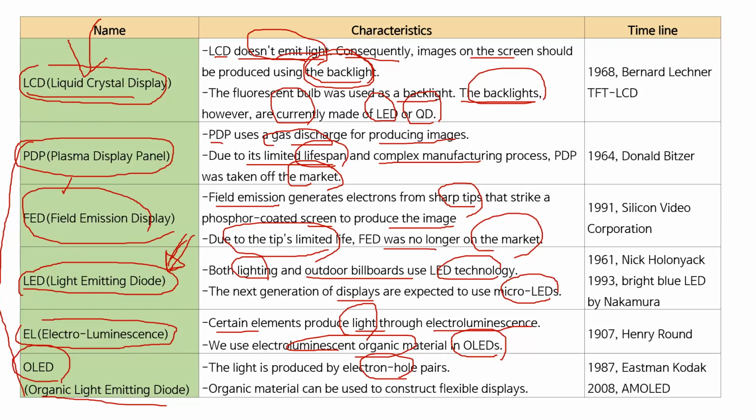Organic material can be used to construct a flexible display. Electroluminescence display is not used now, but ELD used inorganic material, whereas OLED uses organic material. So this OLED is widely used for TV or smartphone display.